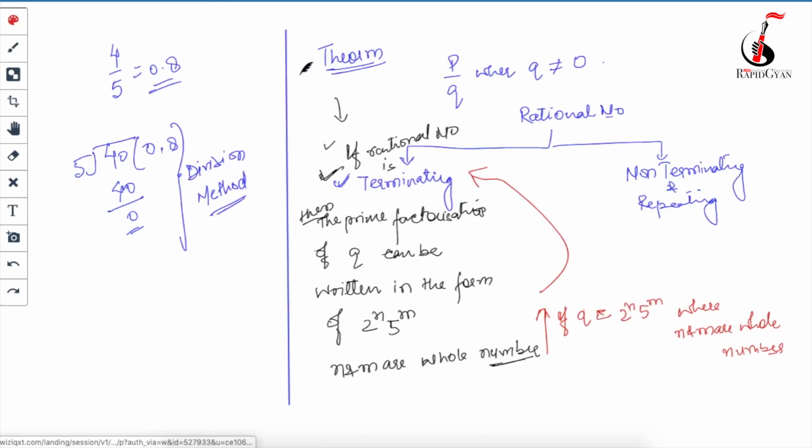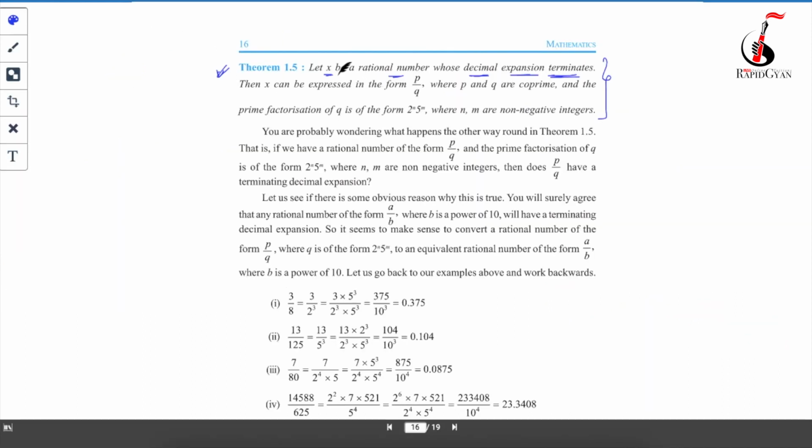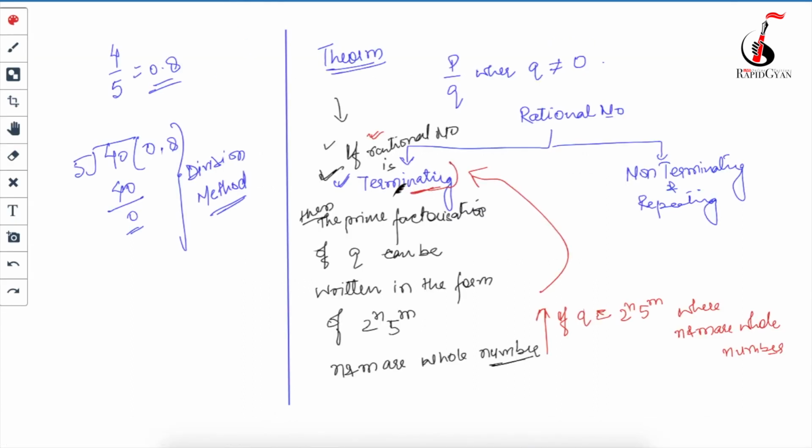This is what I was saying, that the rational number is terminating, meaning its decimal expansion terminates. Then x can be expressed in the form of p by q, because that's a rational number.